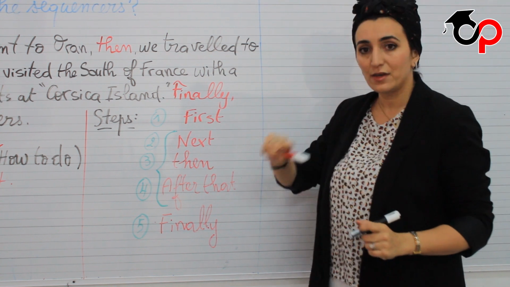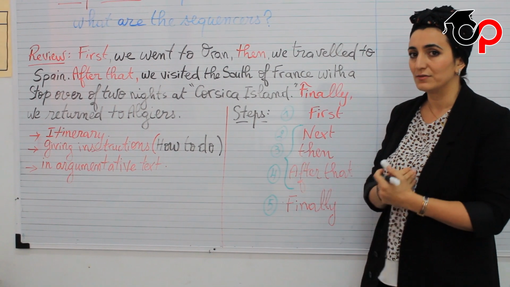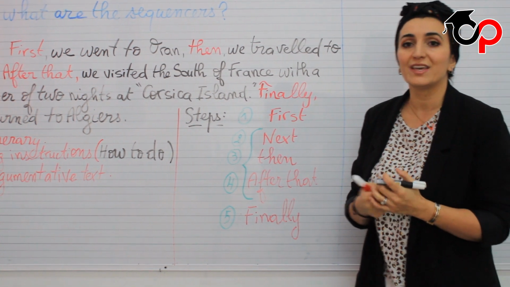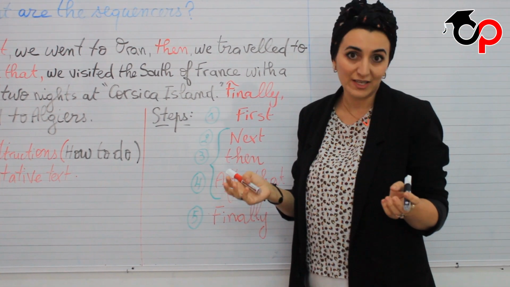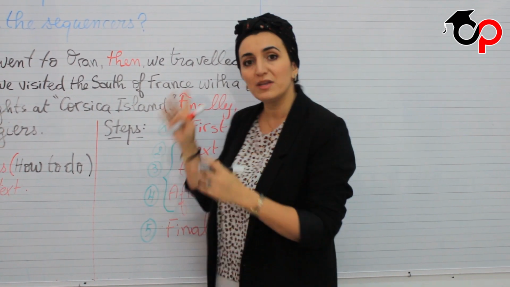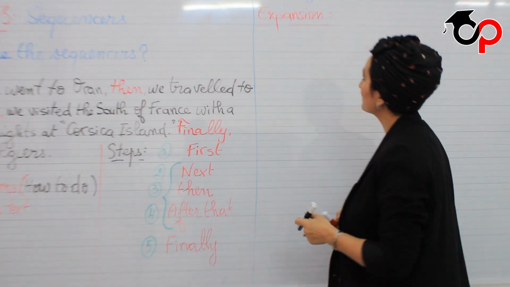So, let's think about another example about how to do something, about giving instruction. I just want you to imagine, for example, how to do a cake, okay? How to do a cake. You need steps to follow, okay? So let me write a short paragraph here and let's discuss it.